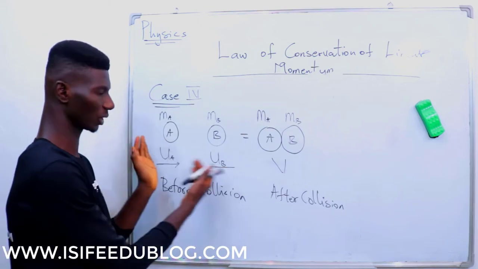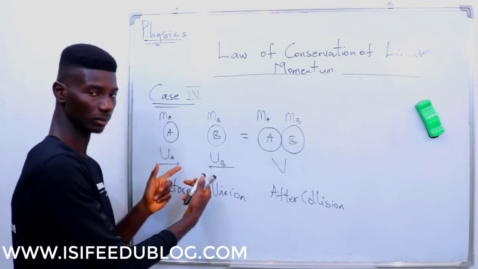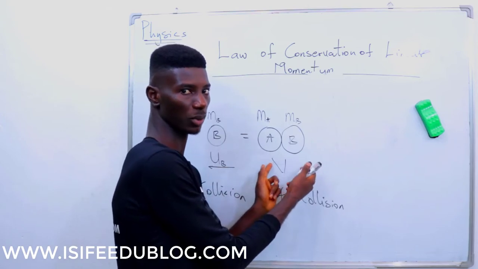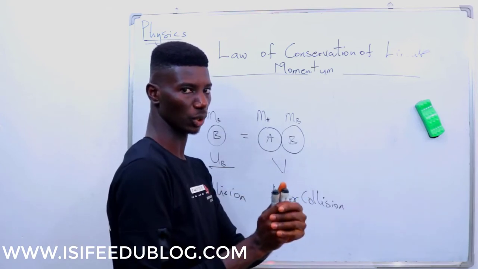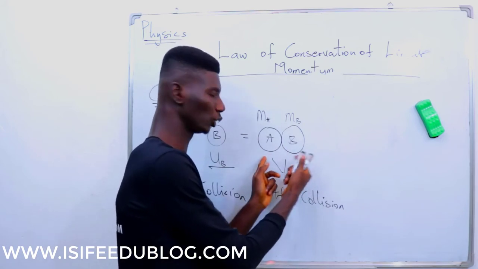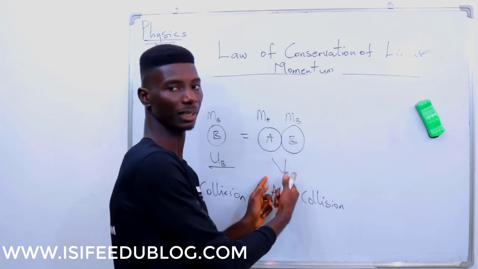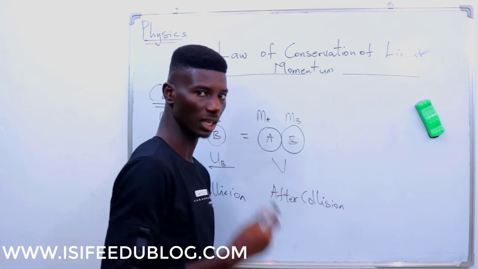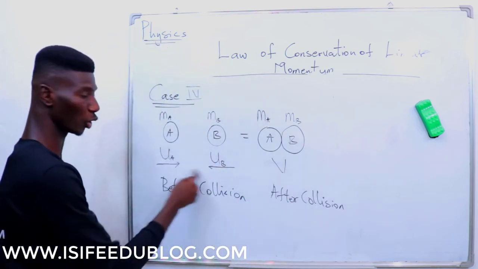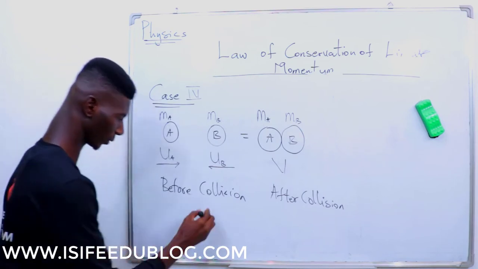Now when they hit each other, or when they collide and join together, you can see it's very possible they can collide and join together. Once after collision, there is a joined movement. They must have what? Common velocity, V, common final velocity. So what we have here, opposite direction, we have a minus already existing.